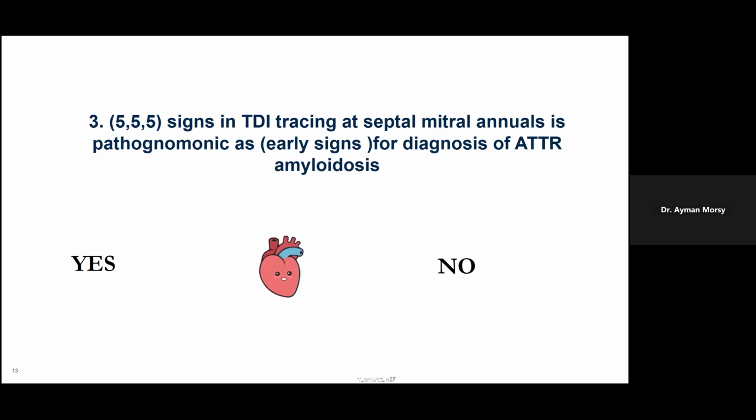It is pathognomonic as an early sign for diagnosis of ATTR amyloid, so you should say yes or no. Before, I was very happy with my second or third patient when we saw 555, because we had diagnosed another case of cardiac amyloid. But shall we consider the 555 sign an early sign to diagnose cardiac amyloid? Yes or no? I will leave it for you and answer later on.